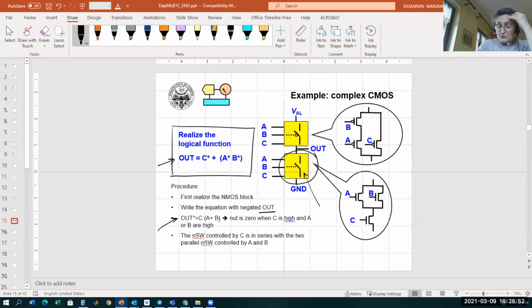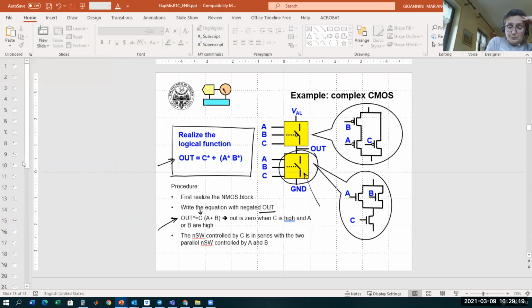When we make this true, it means that our output here will be 0. So what does it mean? It means that the output will be low if we have C connected to ground, and because here you have, let me write again.